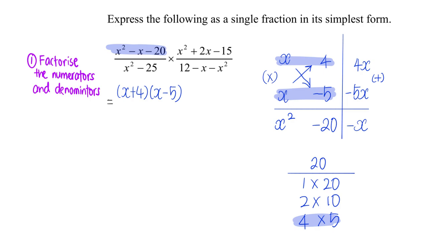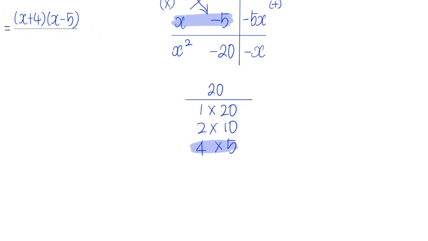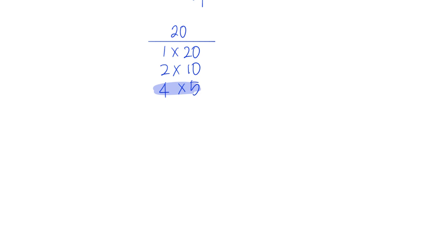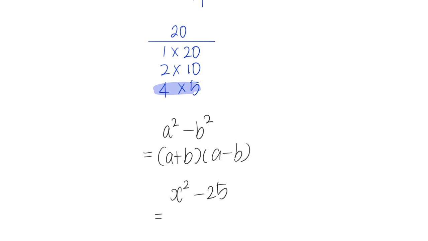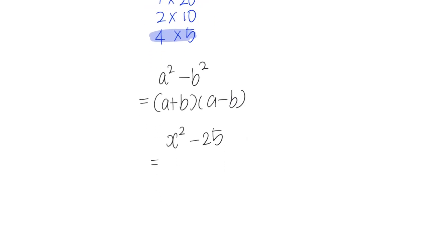Next, I will consider this. Oh, before that, no, this: x squared minus 25. That will bring me to where there's this special product, a squared minus b squared equals a plus b, a minus b.